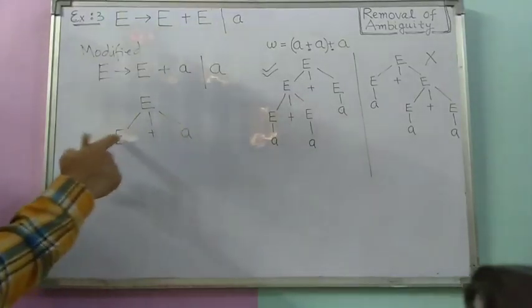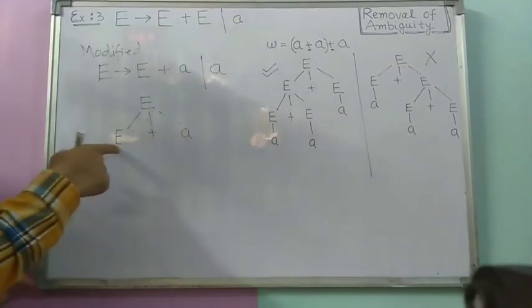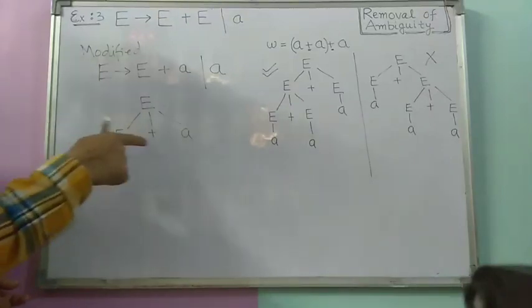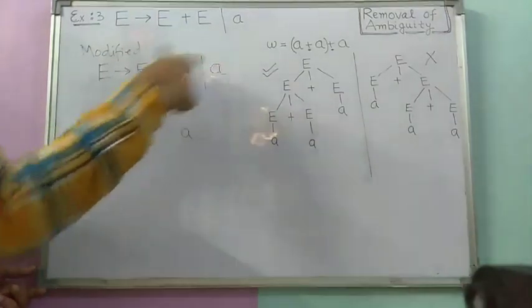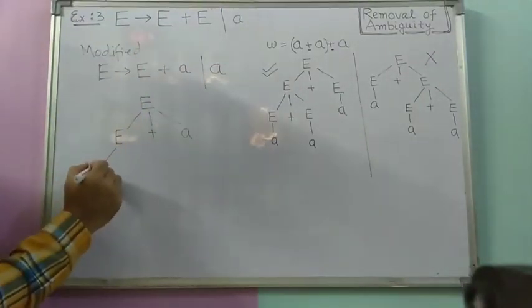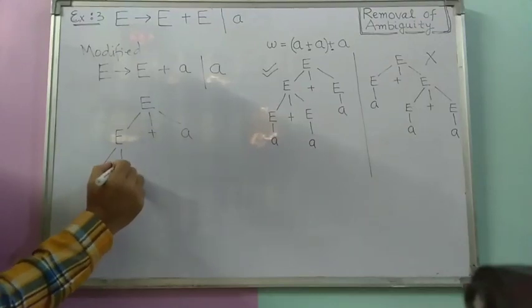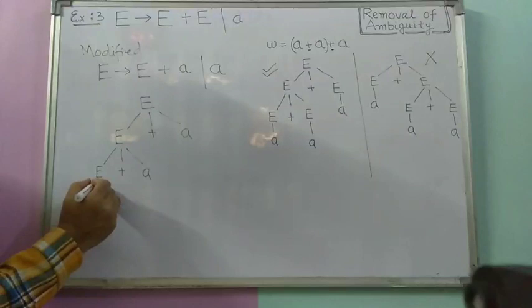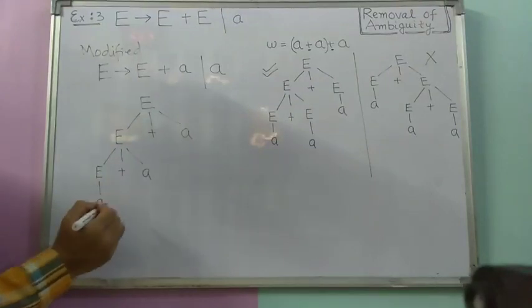Now you look here, we have a on this side, so this is the only variable which we can expand. So we are bound to expand this one, and since we want another plus, we are again bound to use E plus a. Then we will expand this E by a.